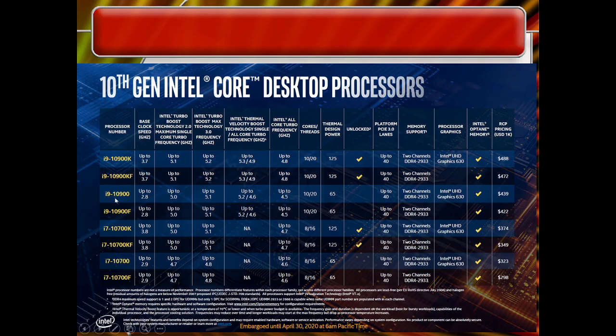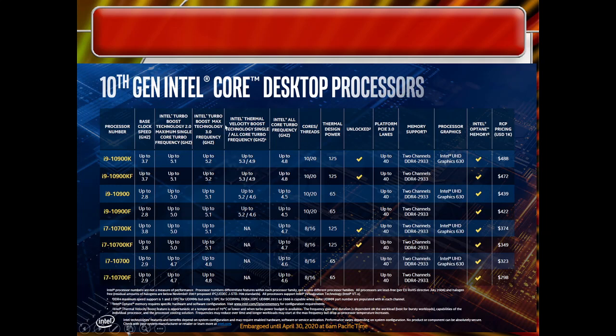You see that 10 is written here. So this is the 10th generation, followed by the processor number. Base clock speed is also given, up to how many gigahertz is the base clock speed. Then is turbo boost. So these features are coming in the 10th generation, maybe in the recent previous ones.